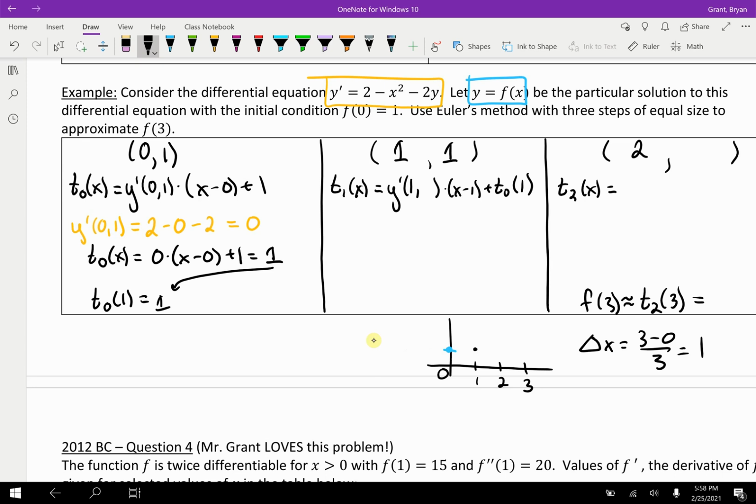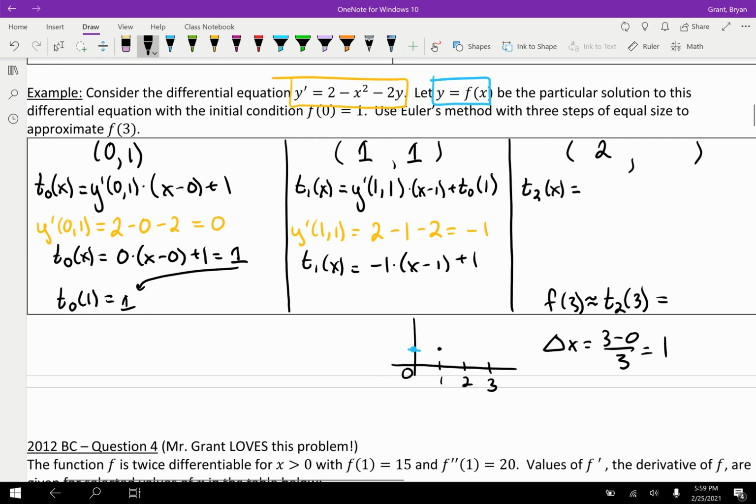All right, so then that means my slope is also found by using 1, 1, and we have an output. So how do we find y prime of 1, 1? Well, it's 2 minus 1 minus 2. 2 minus 2 is 0, minus 1 is negative 1. And now we have our new tangent line. The new slope, negative 1, x minus 1, and the output is 1.